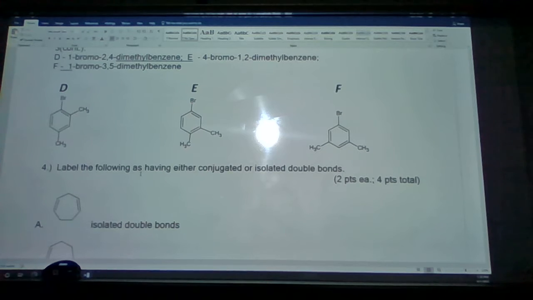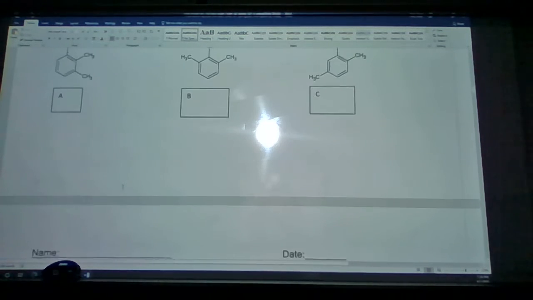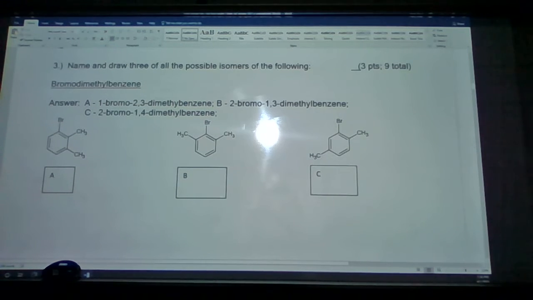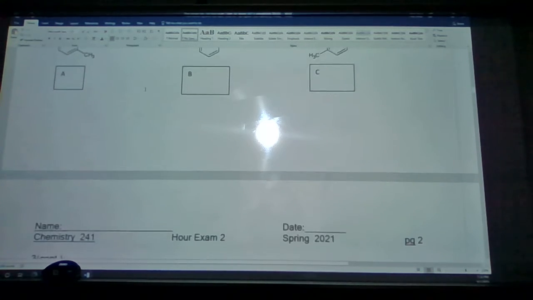This is E, 4-bromo, 1,2-dimethylbenzene. And then F is 1-bromo, 3,5-dimethylbenzene. All of these are derivatives of the compound that would have the general designation as bromodimethylbenzene.